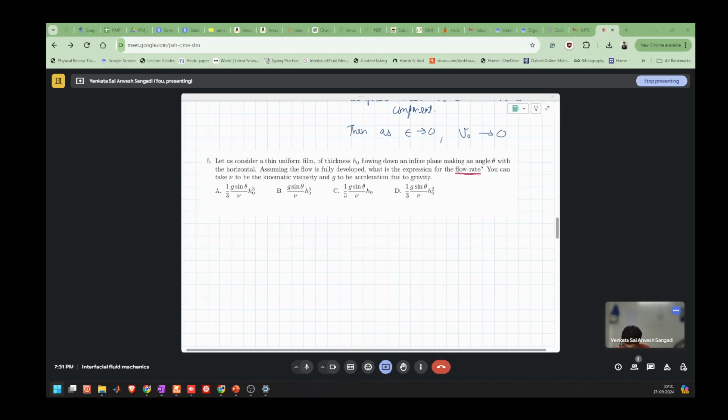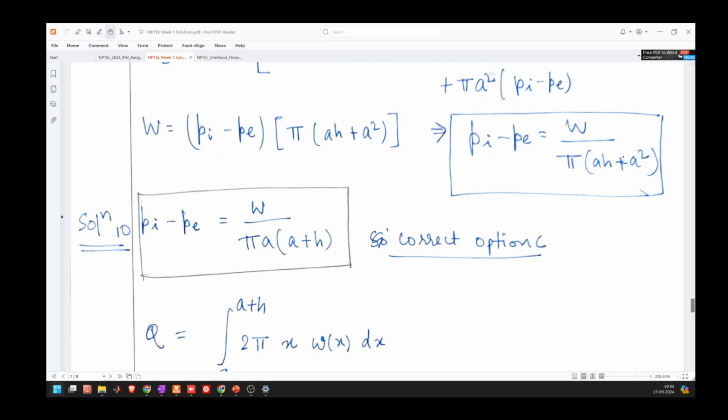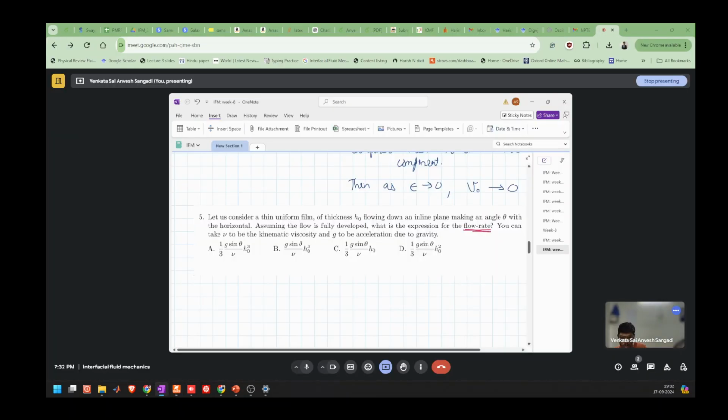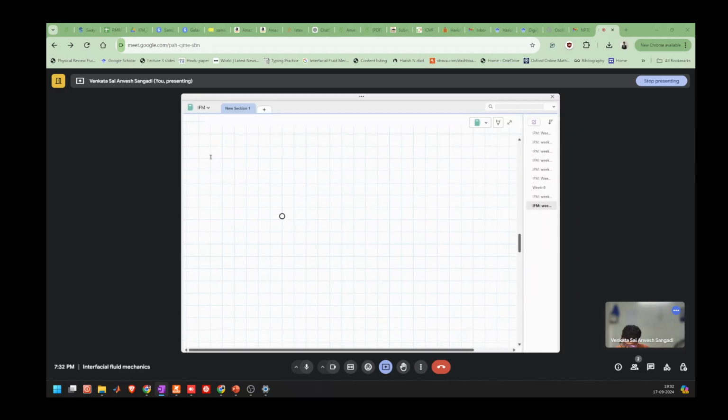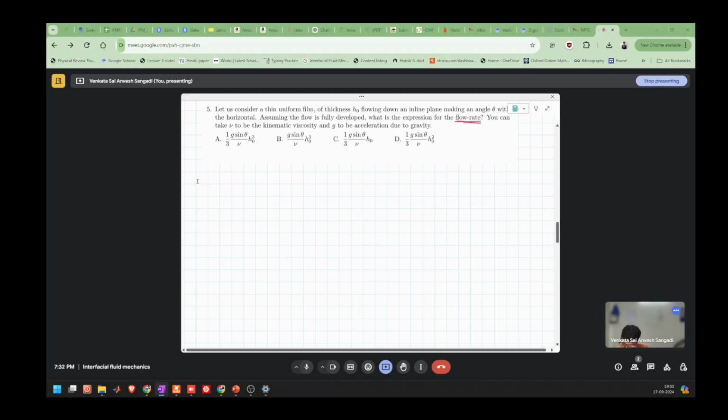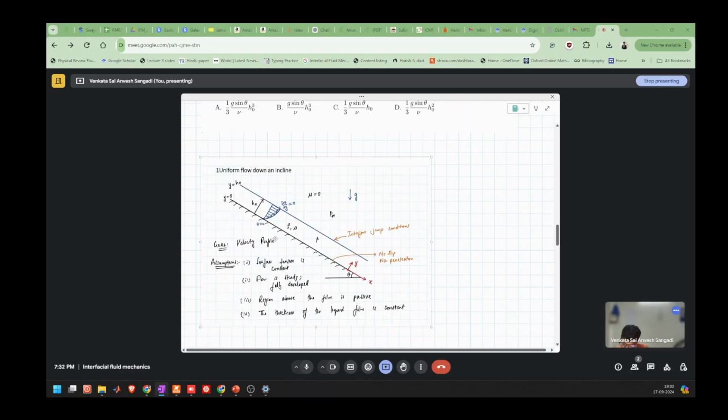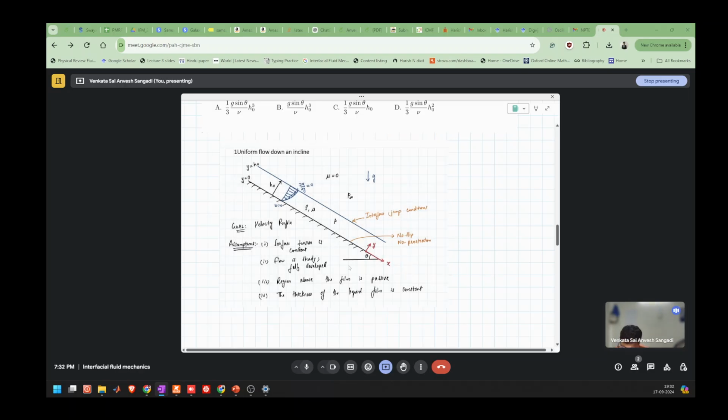Okay, so in the course we have looked at the uniform flow on an inclined plane. So we have looked at this problem.